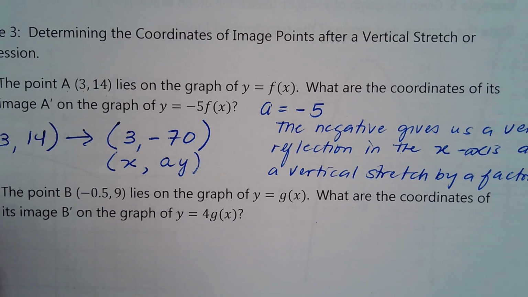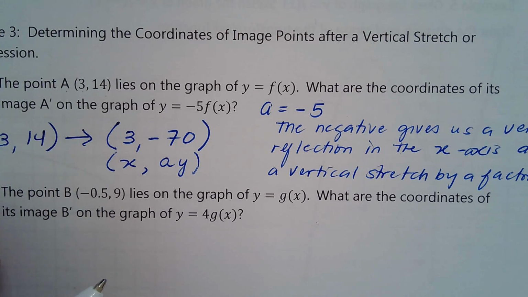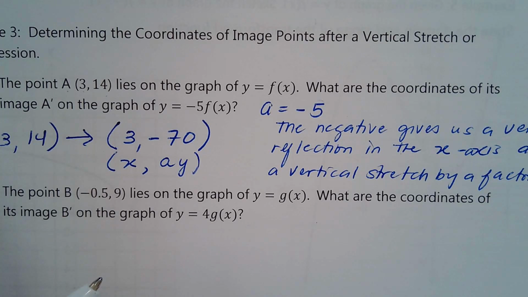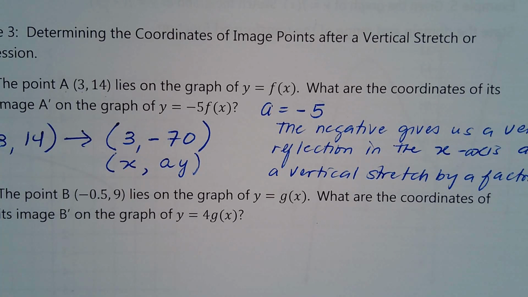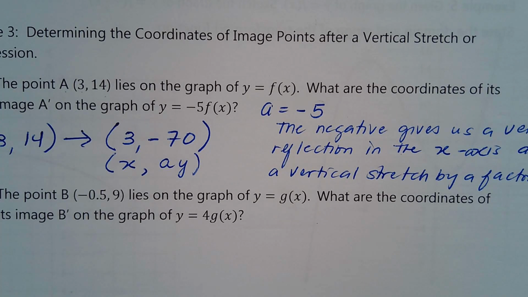Yeah? Did I do it wrong? 5 times -14 is -70. You see the minus is reflection, right? Yeah. But still you're going to use multiply.